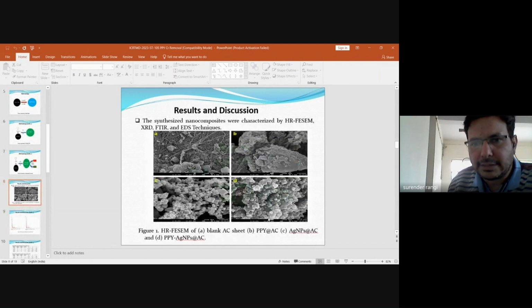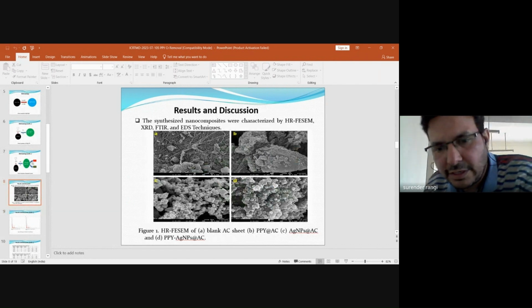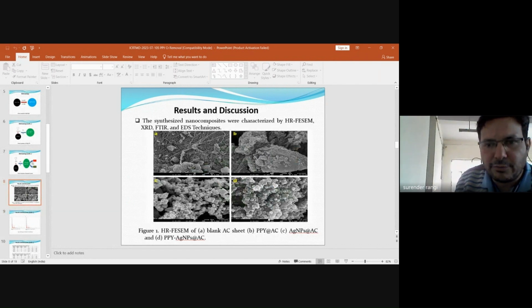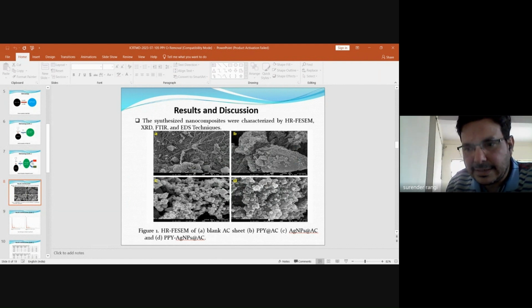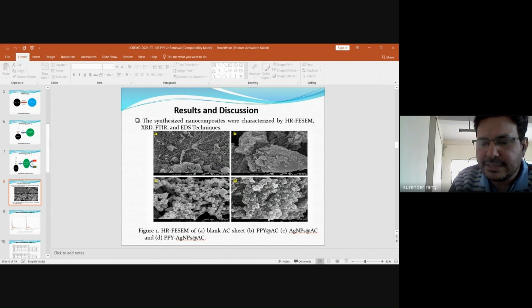These are the HR-FESEM images obtained for the pristine AC sheet, then the PPy coated AC, then the AgNP coated AC, and finally the PPy coated AgNP encapsulated AC.